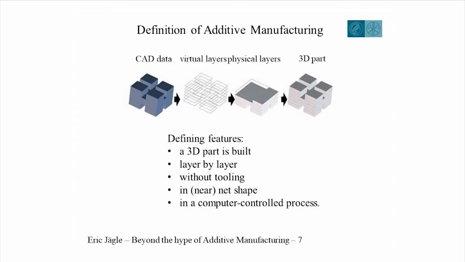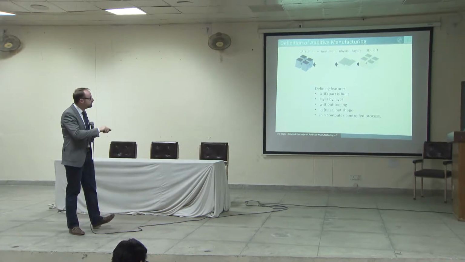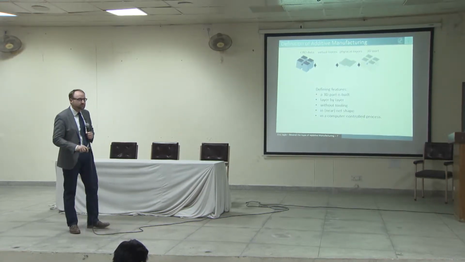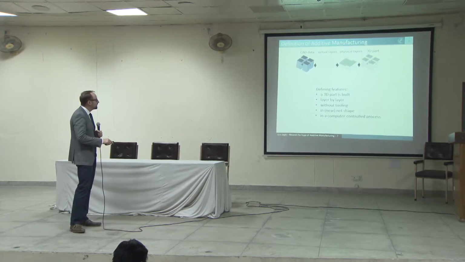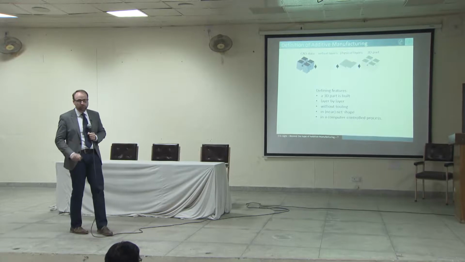In fact, okay, before I come to the big variety, let me just give you the key features of additive manufacturing. I already said that a 3D part needs to be built up, so cladding is not allowed. This doesn't fit the definition. It is built layer by layer, and crucially without any specific tooling.